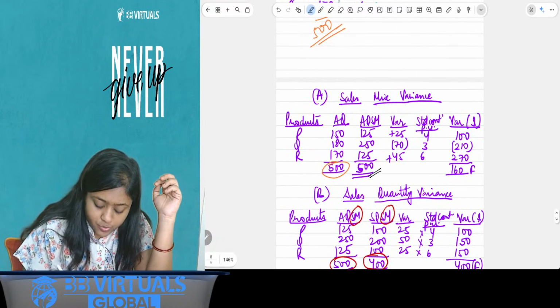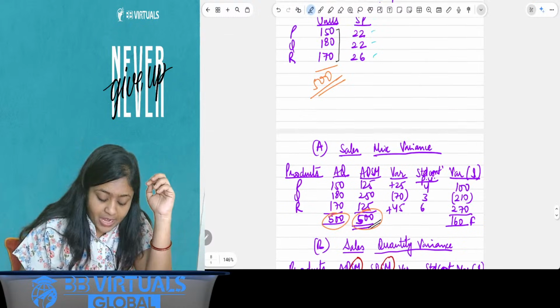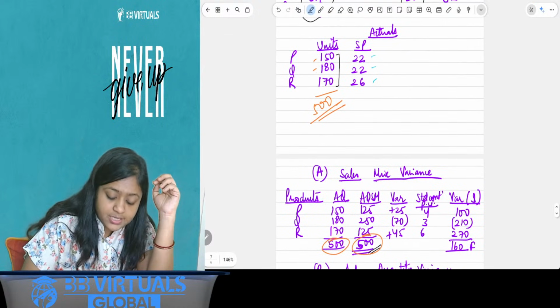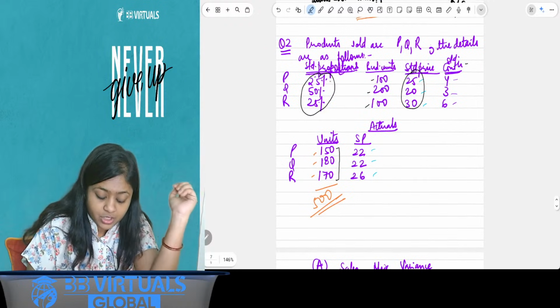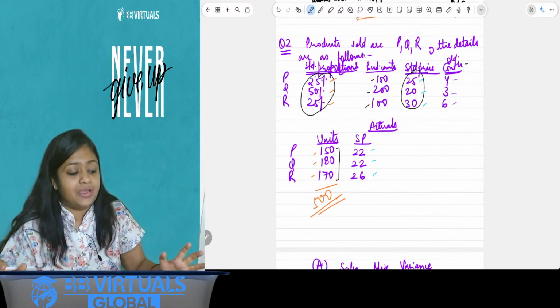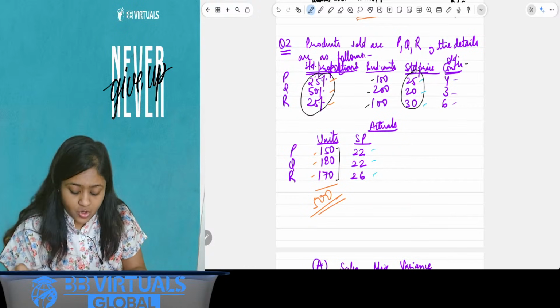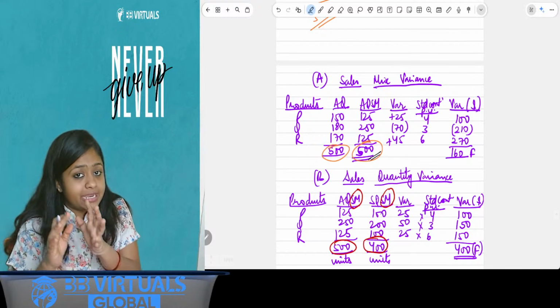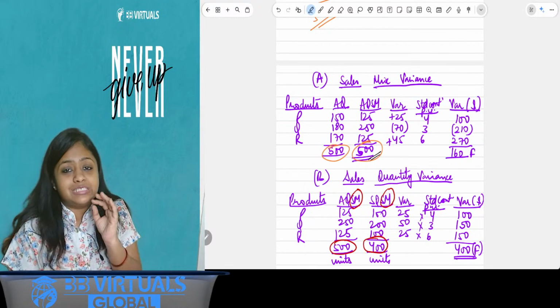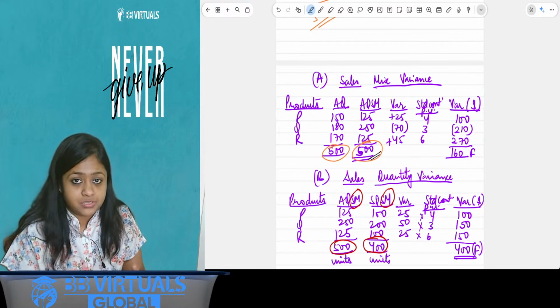You will keep your units same. Now put 500 in the actual mix, which is already given to you, and put this 500 in the standard mix, which I have given here, 25, 50 and 25%. Done. Now you will do it in the actual quantities in the standard mix. Take the variance, multiply it with the standard contribution per unit. Why?